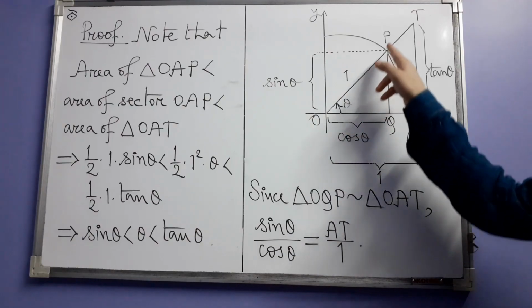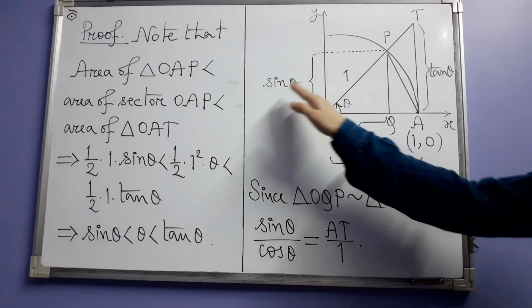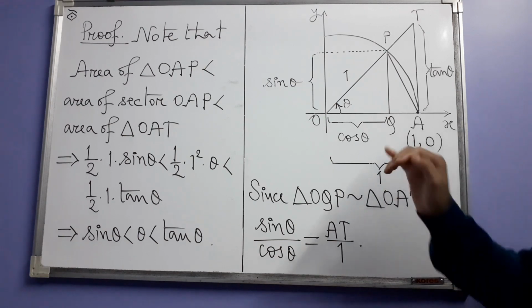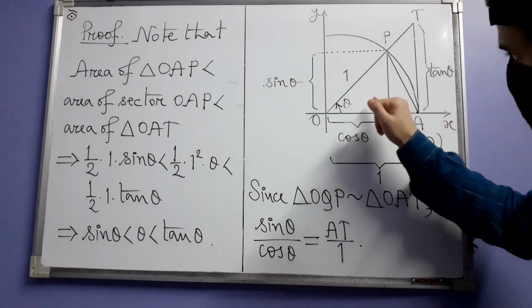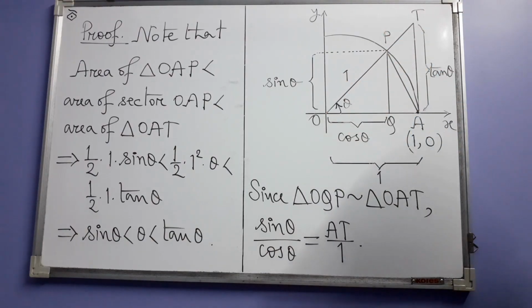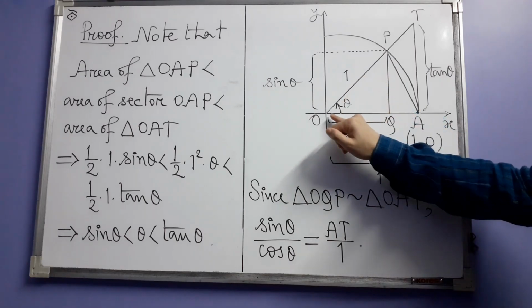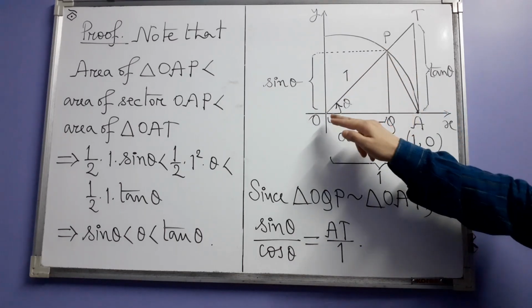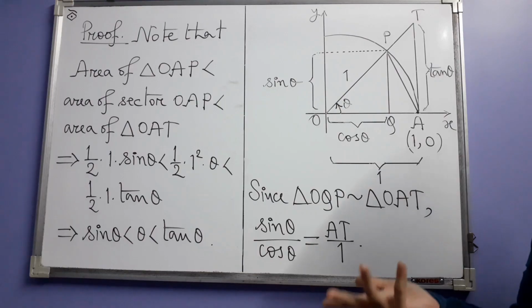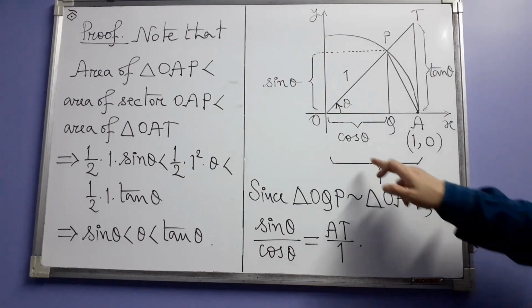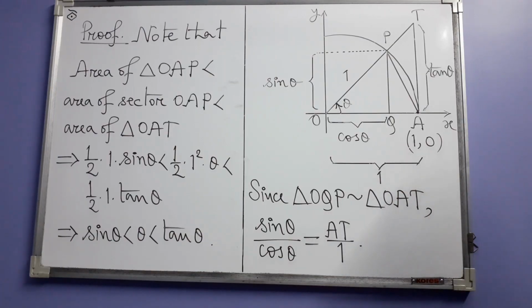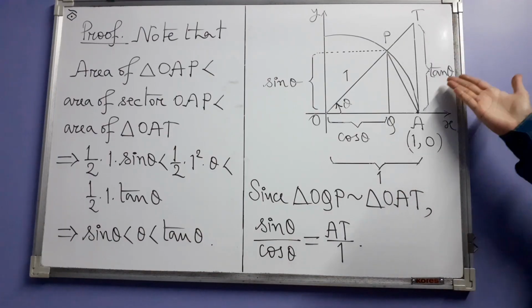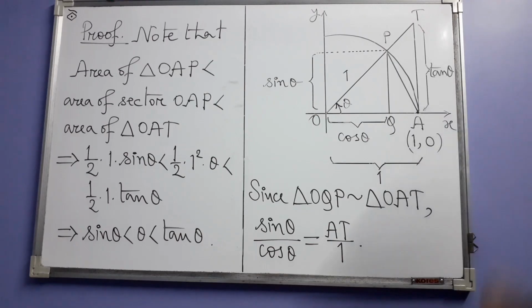Okay, and because P lies in the first quadrant, both cos theta and sin theta are positive, and that is why they are not just coordinates but they are lengths of these sides as well. Something else also you can note. The length of OP is 1 because OP is one of the radii of this unit circle. Additionally, OA is also 1. But why is this AT tan theta?